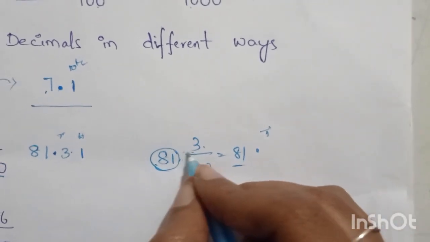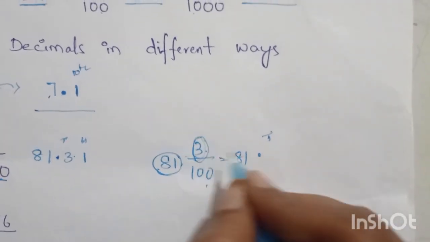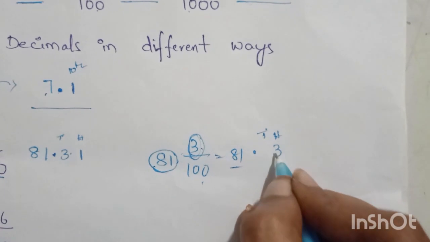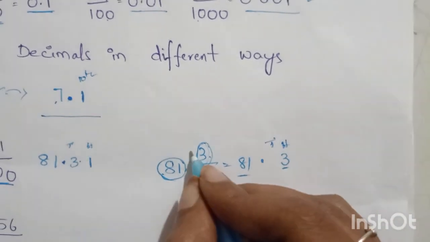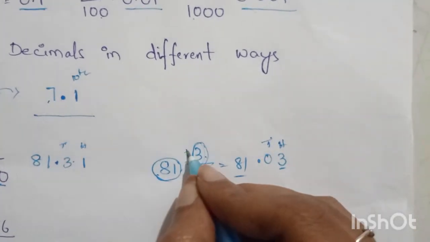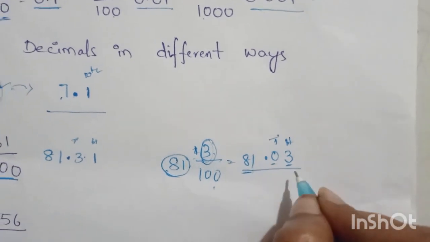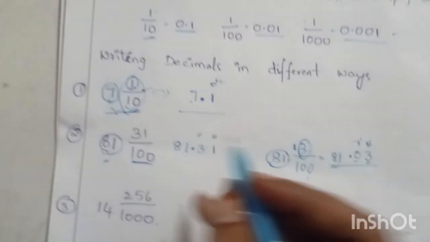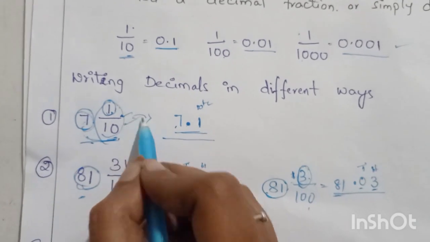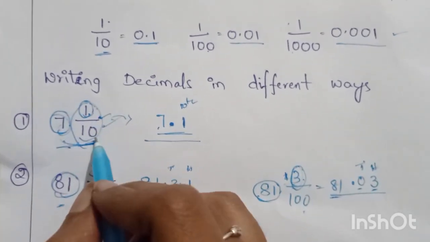The 10th part they did not give, they gave the 100th part. So in the 100th place you will put 3. The 10th part they did not give, right? You will put 0. As here there is no 10th part, the answer will be 81.03. This is the first way of writing if it is given in a mixed number.